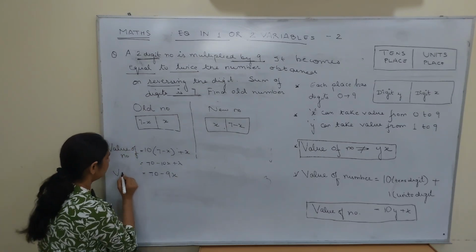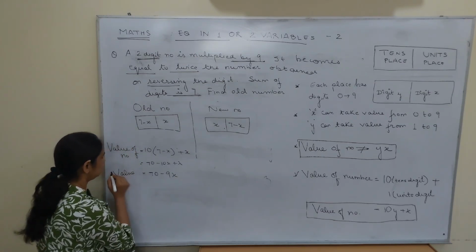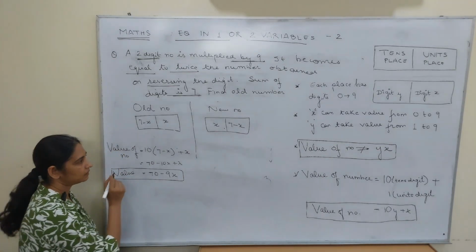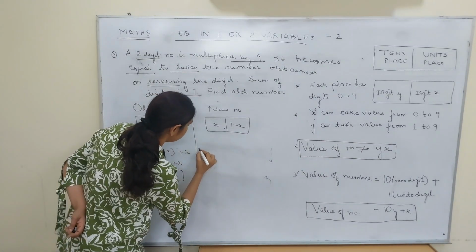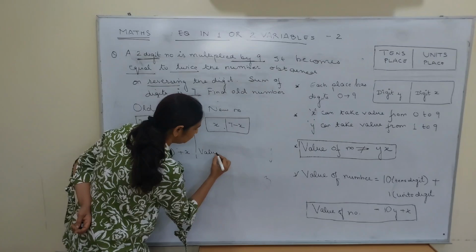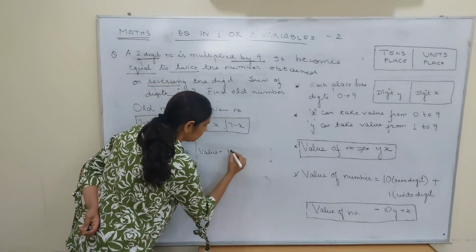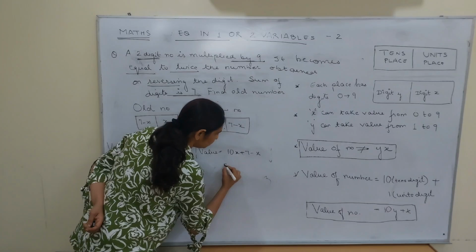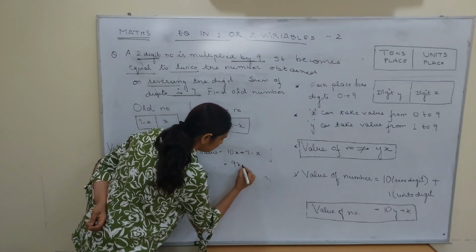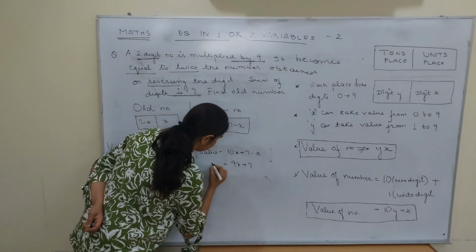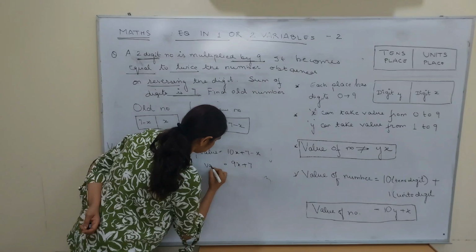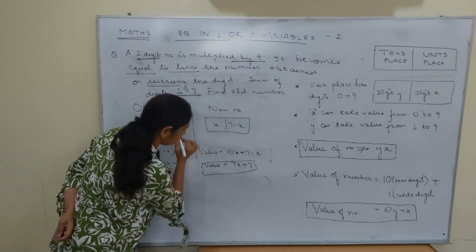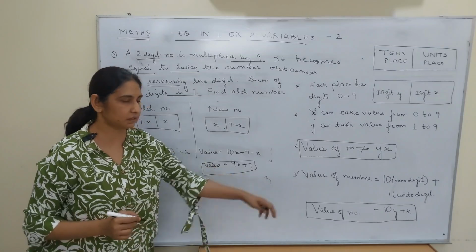So this is the value of the old number. Right? Similarly, we find the value of the number here. It will be 10x plus 7 minus x, which will be 9x plus 7. We just use this method.